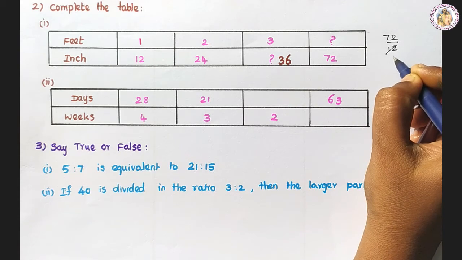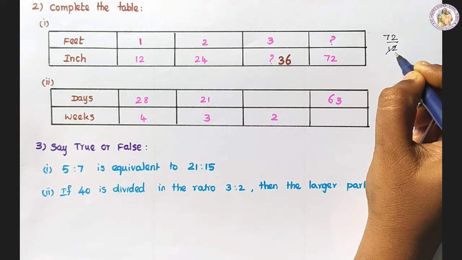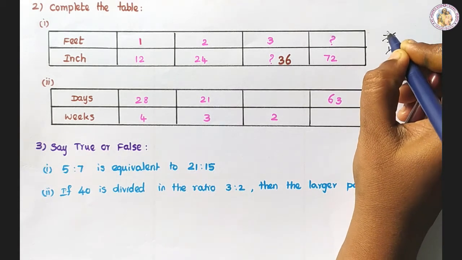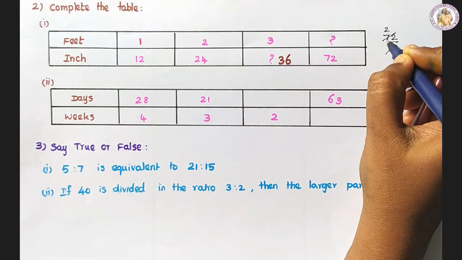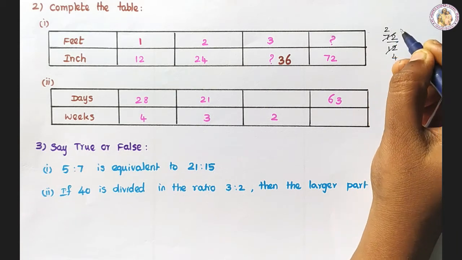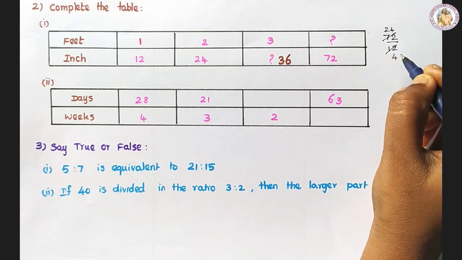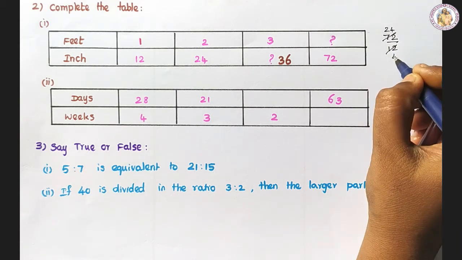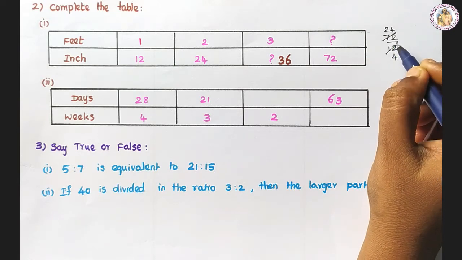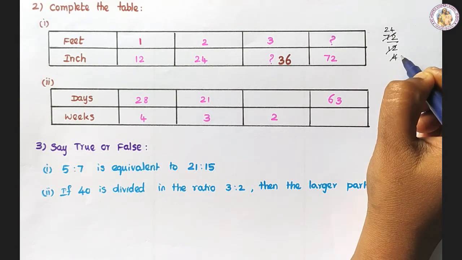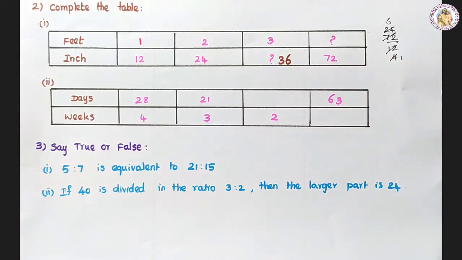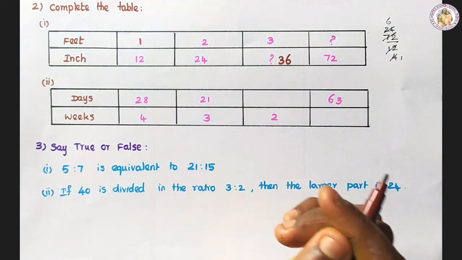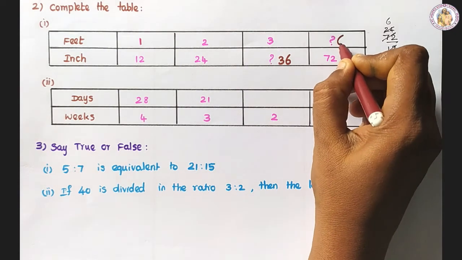Six. 3, 4 3s are 12. Here 2 3s are 6. Balance 1, it becomes 12. So 4. 4 ones are 4, 6 fours are 24. So 6 is the answer here.